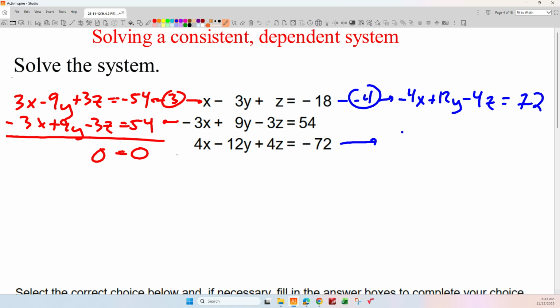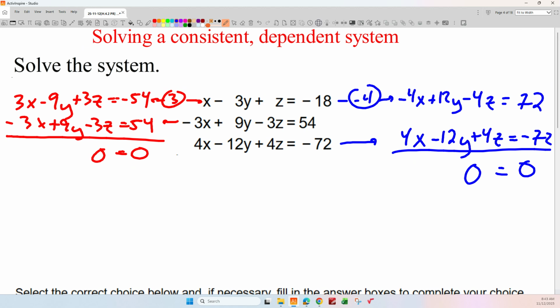Bottom one, if I leave it alone, what do you get? Okay, so I also get 0 equals 0, right? So what's that tell you? Consistent dependent, yeah. So I've got 3.